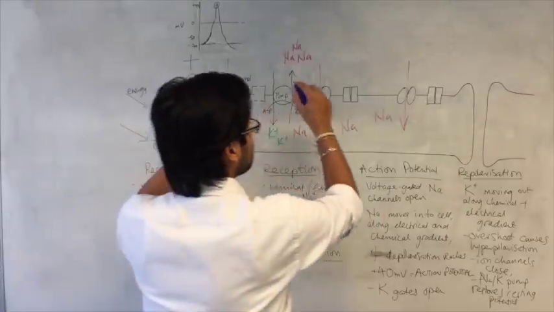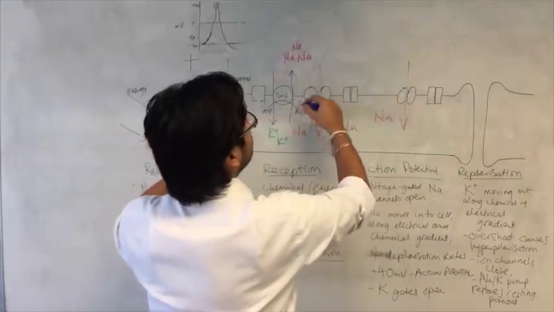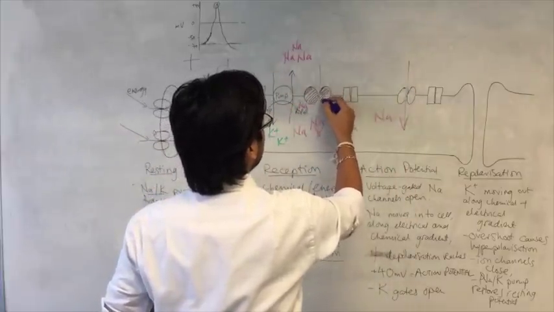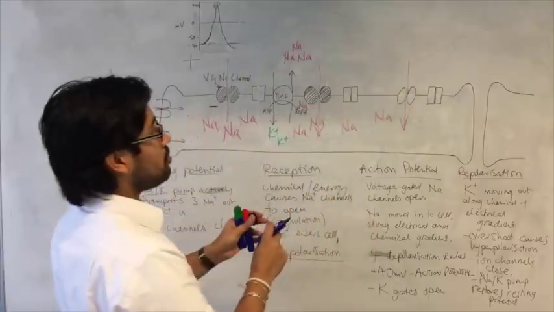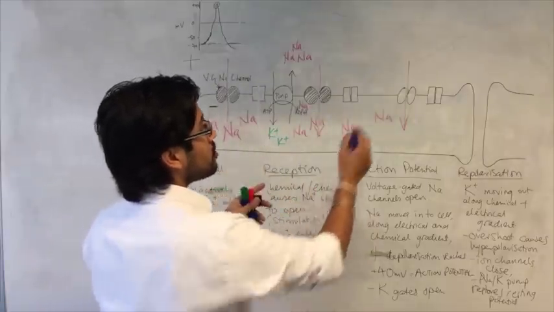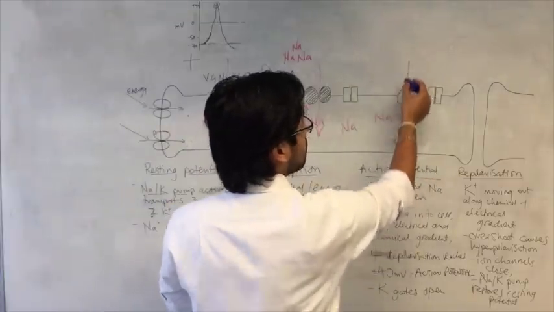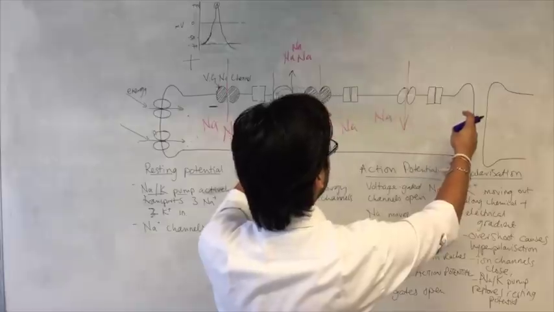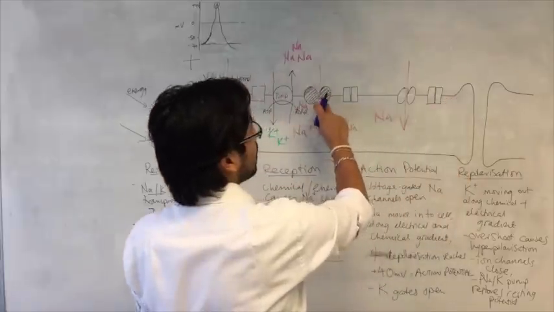So when this one has undergone its depolarization, it will also go through a refractory period where it won't be stimulated. When the sodium comes in this channel, the sodium will diffuse away again, but this one won't be activated.